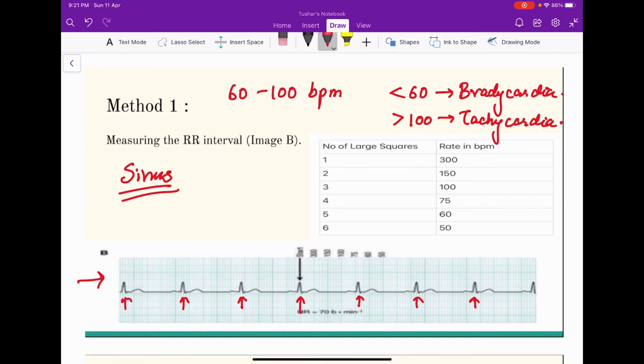There is only one complex, this one, which is landing exactly at the border of the large square, which makes measuring the heart rate very easy between the two QRS complexes. That's why whenever measuring the heart rate, first find the QRS complex which falls at the border of the large square, and then go on to measure the RR interval.